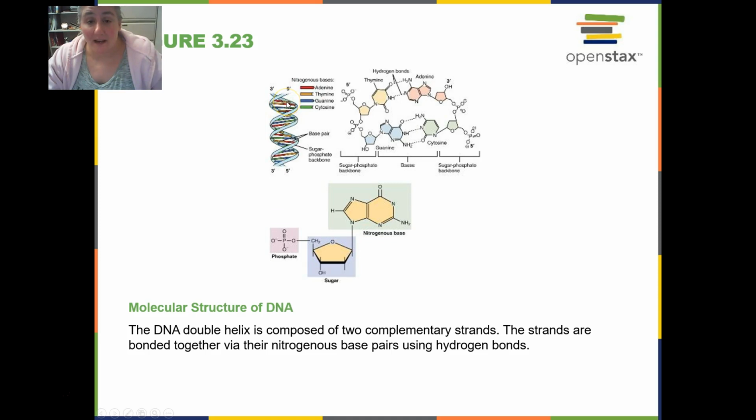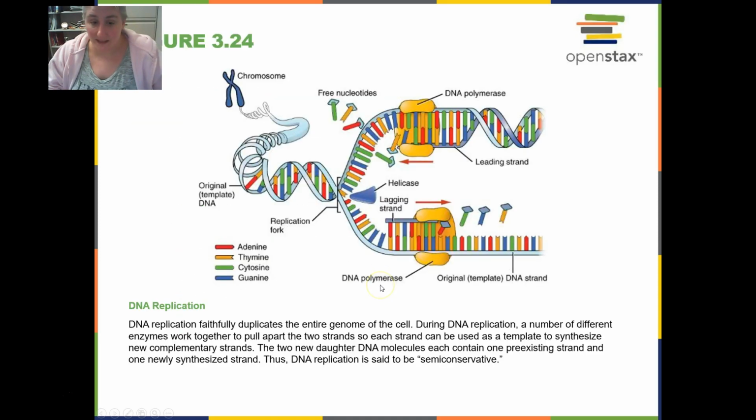So you're adding to both sides, but when you unwind it, one side is going to be the 3' end, the other side is going to be the 5' end. And if it's the 5' end that you have opened, you're going to bind over here and build in the opposite direction. And then you're going to have to bind here and build in the opposite direction, and then bind here and build in the opposite direction. Whereas the leading strand is just continuously being produced.